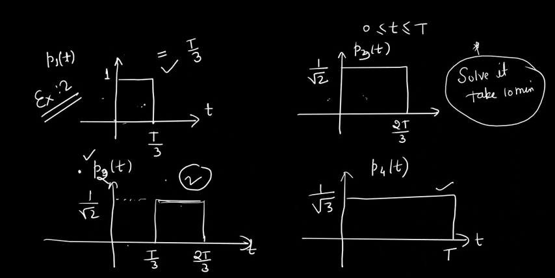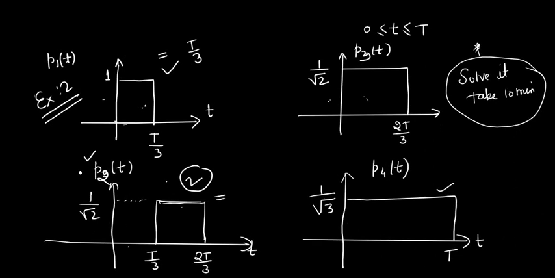What is the energy of this? 1 by 2 into t by 3. Just apply the formula and evaluate. 1 by 2 into 2t by 3, 1 by 3 into t. Just let me know if there is something wrong. So first write down the energy of this.